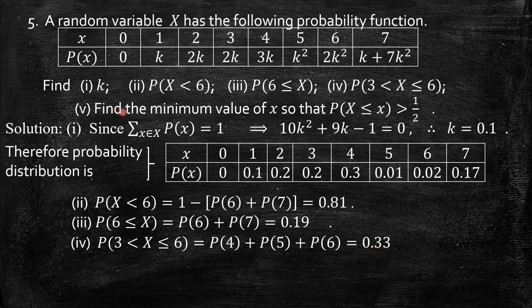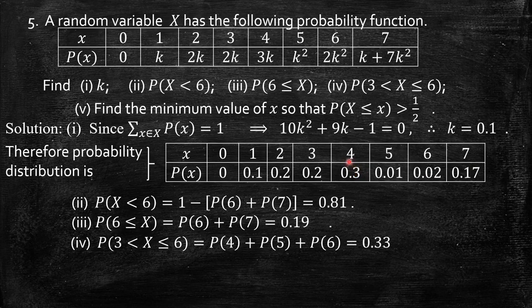Now the fifth one is a slightly different question. Find the minimum value of x so that the probability of X less than or equal to x exceeds half. So what is the minimum x so that the probability exceeds half? If I closely observe, up to this it is 0.5, half. See, 0.1 plus 0.2 plus 0.2 up to x equal to 3. So for x up to 3, it is 0.5. So if it exceeds 3, that is 4, 5, 6, 7, all that gives more than half.